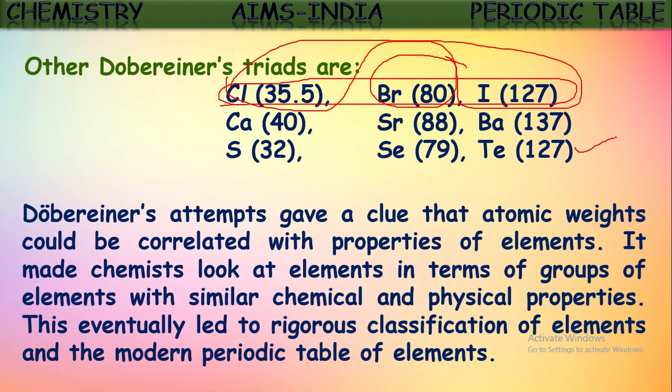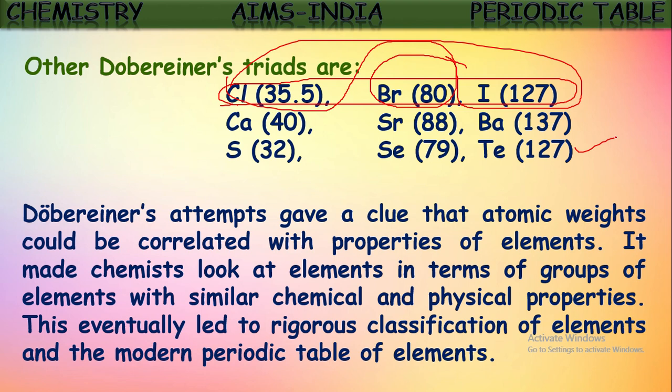It made chemists look at elements in terms of groups with similar chemical and physical properties. This eventually led to rigorous classification of elements and the modern periodic table. So we can say this is the starting point for chemical classification based upon properties.